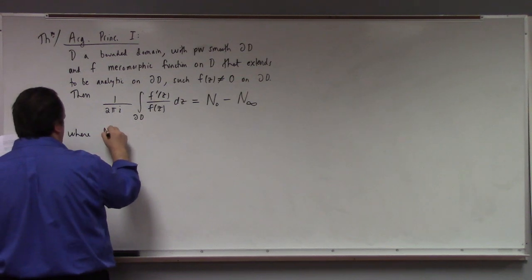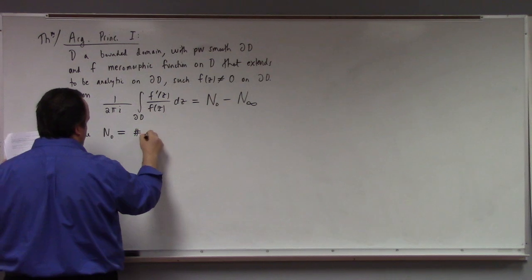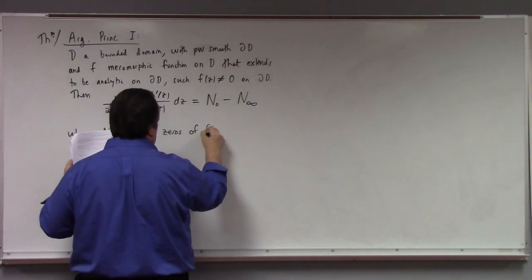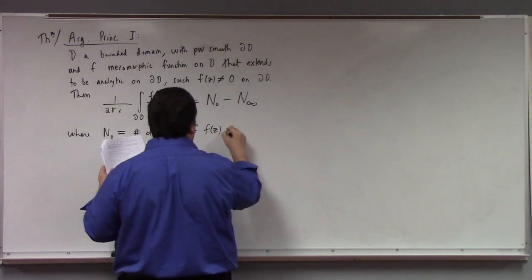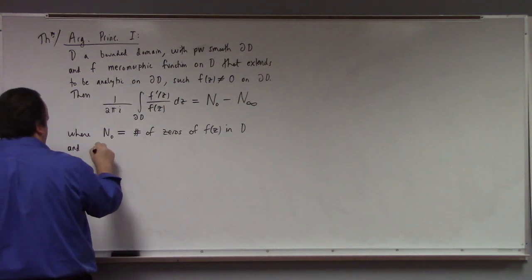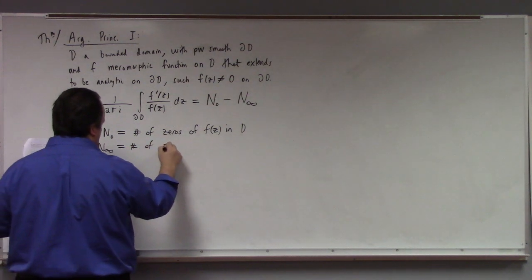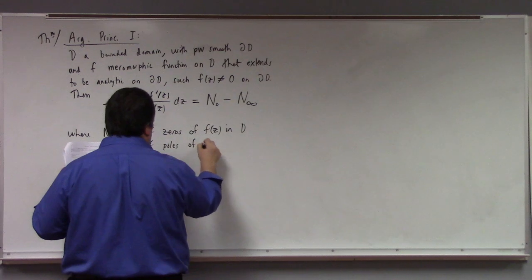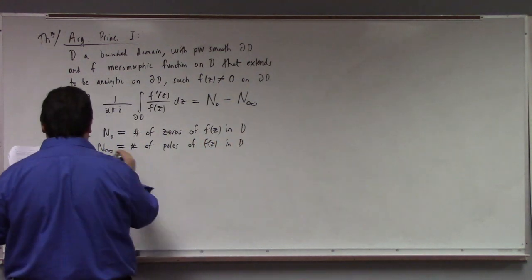Where n sub 0 is equal to the number of zeros of f of z in D, and n sub infinity is equal to the number of poles of f of z in D, counting multiplicities.